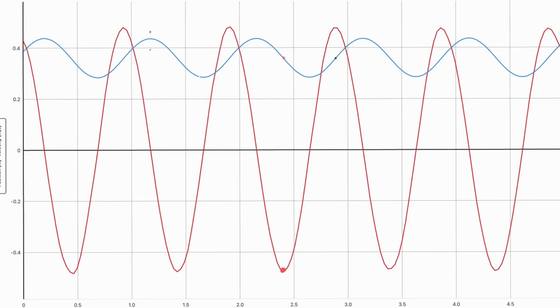When I go from here to here, that's going from the biggest negative to the biggest positive. Do you notice that the whole time that's happening, the velocity is positive? Because that's from here to here. Now, I want you to realize this. When the displacement's negative, the velocity is positive.